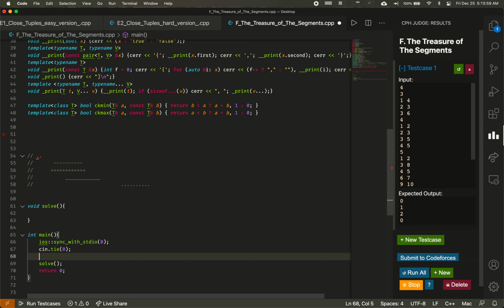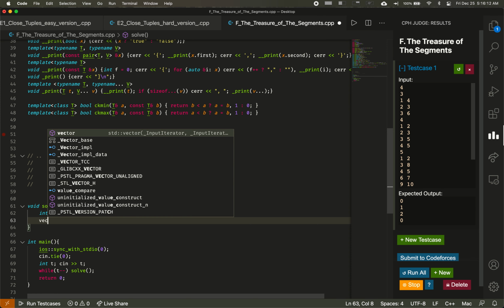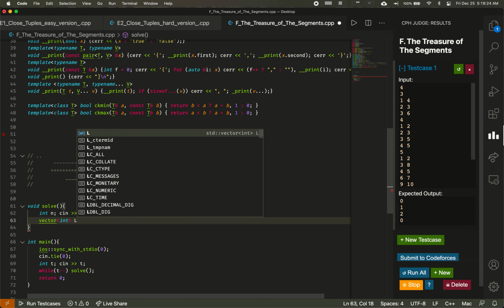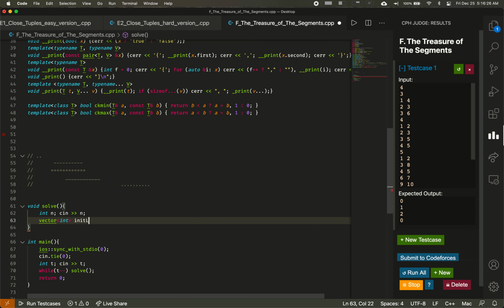So we have int t, cin t, while t minus minus, do that. Next we're given n, and then vectors for left and right. We need some order, so let's go init left of size n, and init right of size n as well.